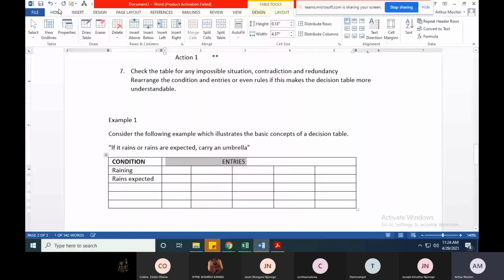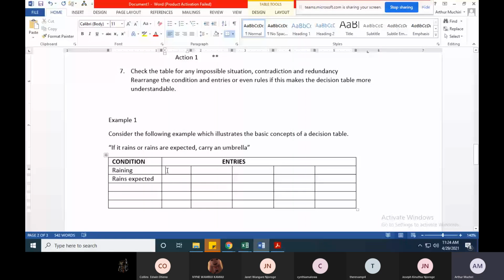So those 4 you divide them. The first one you're going to have yes, yes, no, no. That is the first row. So we had a total of 4 possibilities. Those possibilities you're supposed to divide by 2, so that the first row will be yes, yes, no, no.